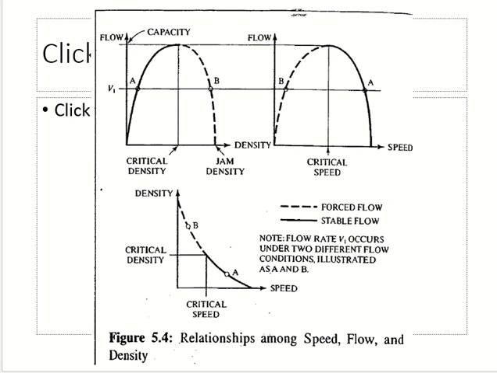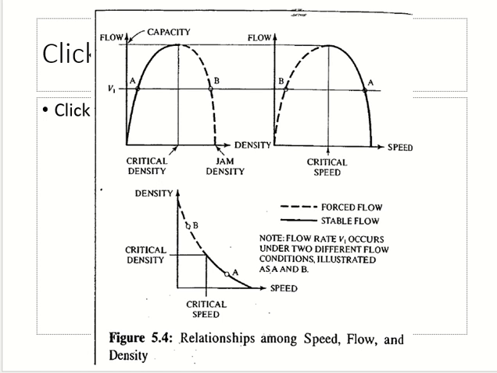In these graphs, you see the relationship between the pair of parameters. Okay, the same three parameters. What is the link between each pair of them? So, for example, if you look at the one at the bottom, which we have already discussed as well, this one is between speed and density.